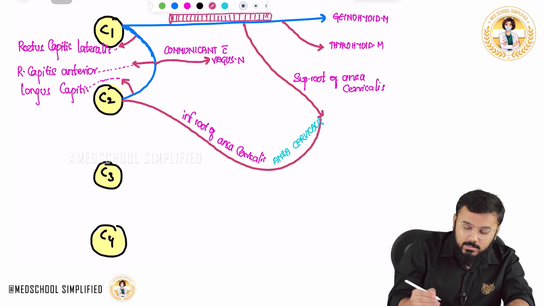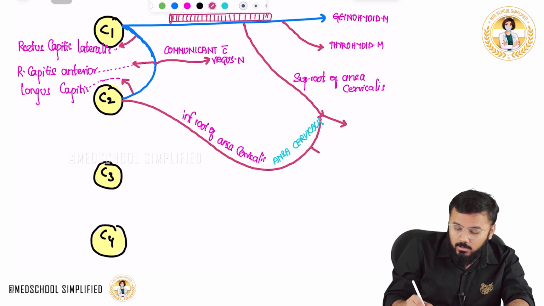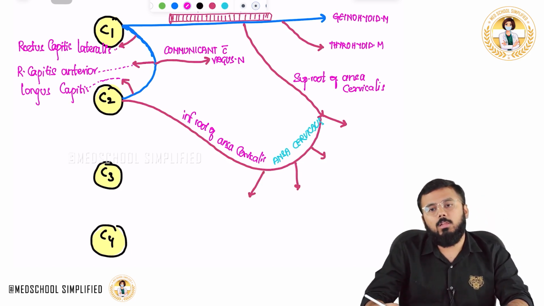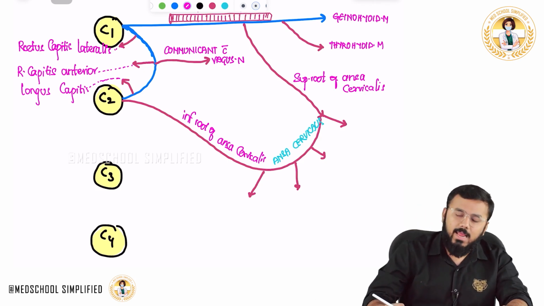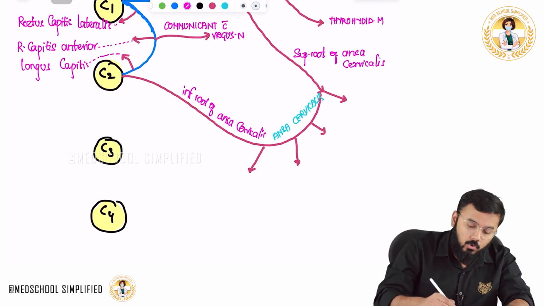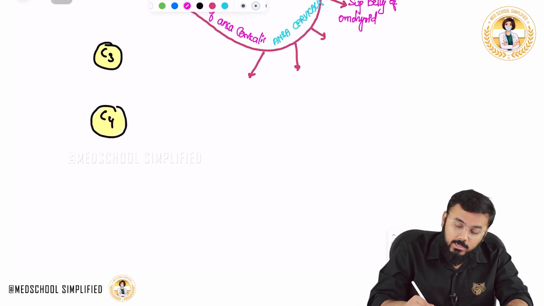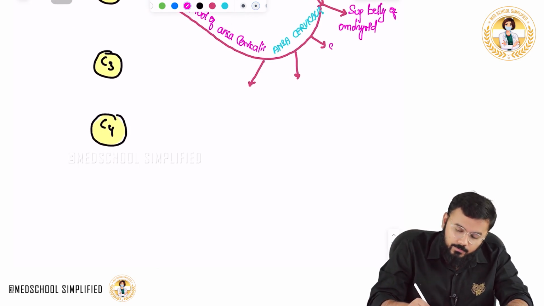From this Ansa cervicalis you see 1, 2, 3 as well as 4. What are these 4 important branches? One branch is called the superior belly of omohyoid. So this branch supplies the superior belly of omohyoid. Okay. Next is called the sternohyoid.